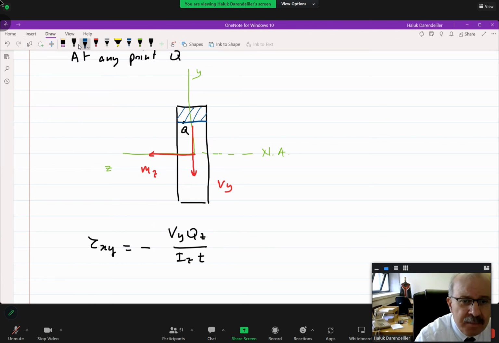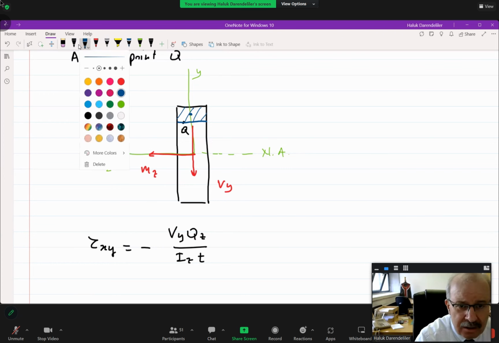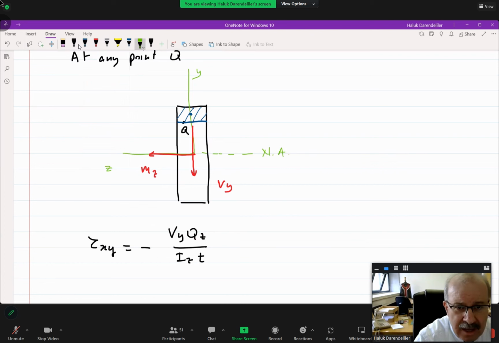So, simply determine the centroid of that area. This is the centroid, right? If this is the location of the centroid from the neutral axis, we all know that Q is equal to the following. Qz is the first moment of that area about the neutral axis.